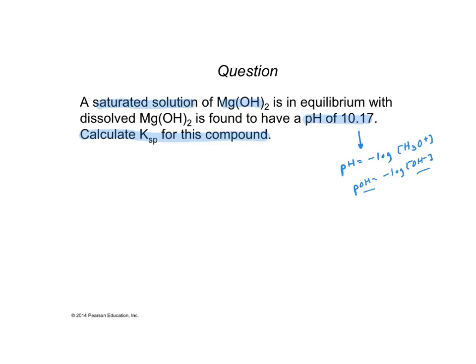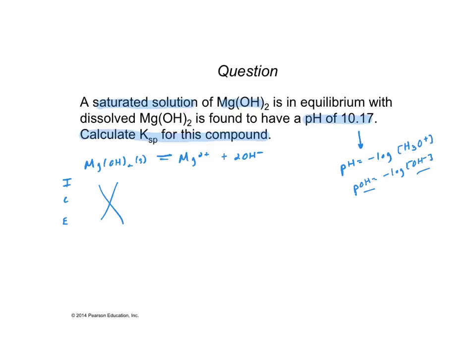Okay, so with respect to how you would go about doing this, I'm going to go ahead and write out my reaction. My magnesium hydroxide is in a saturated solution, so we're at equilibrium with magnesium ions and then 2 hydroxide ions. And I'm going to draw out my ice table. For this one, I'm just going to ignore it because we're not looking for molar solubility here.